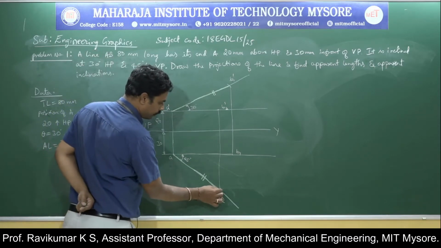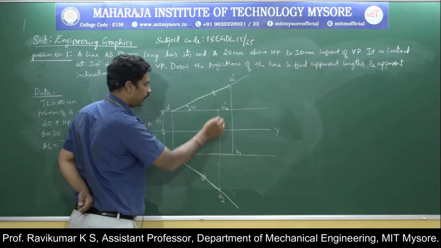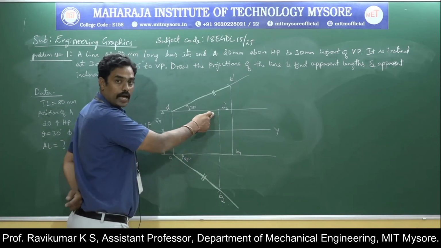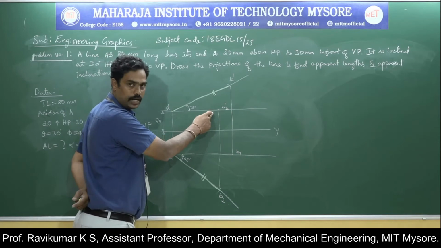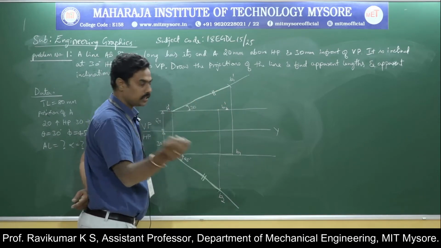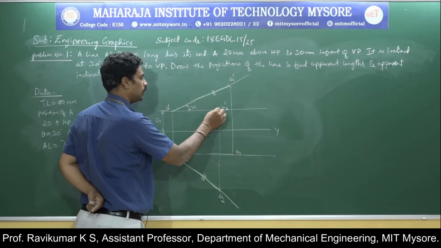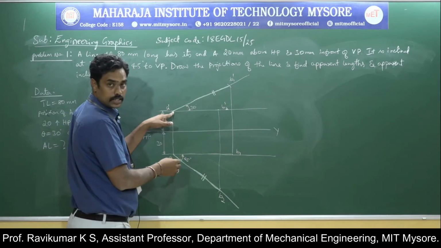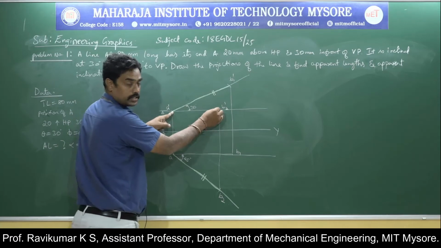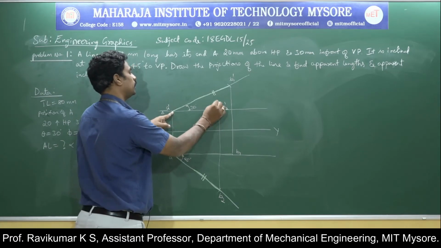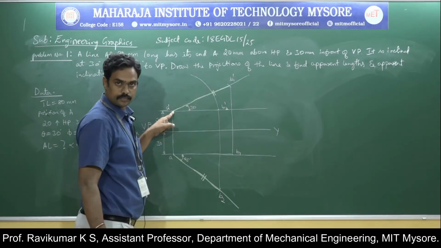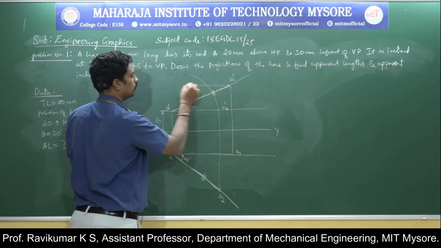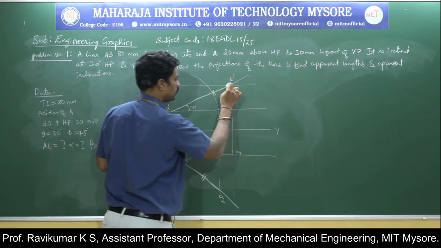Now I have drawn a projector from B2, ending up with B2 dash here. Here it is appearing parallel, which means it is inclined, so I need to take off the inclination. If you take off the inclination, you have to rotate this with respect to A dash: select A dash as center, A dash B2 dash as radius, and rotate this backwards. Once you get this point, you need to draw the locus of B from this point.